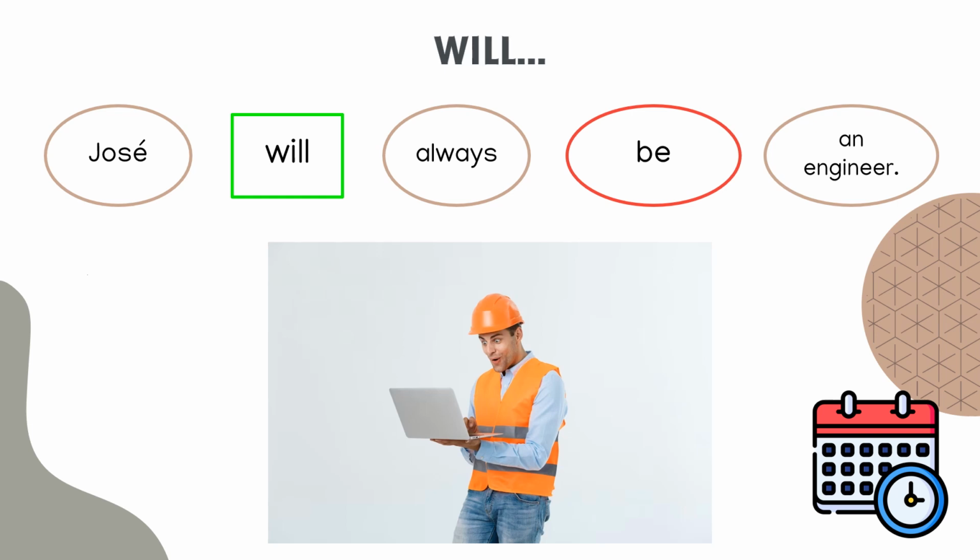In this example, I want you to pay attention to the adverb. In this case, it's neither at the end nor the beginning. It is in between the modal verb will and the verb be. So, Jose will always be an engineer.